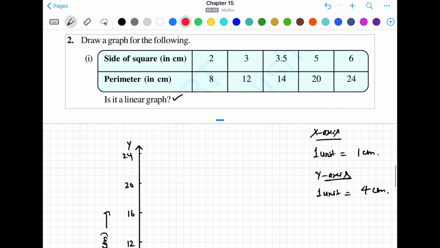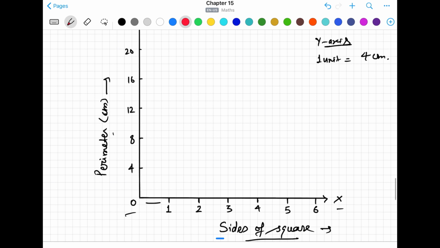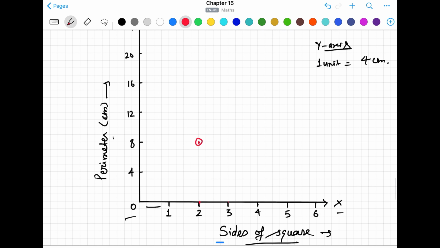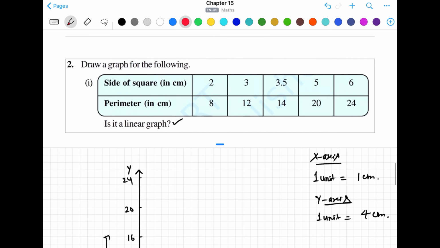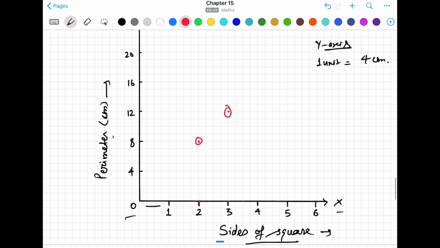Okay, let's start marking the points. When the side of the square is 2 centimeters, the perimeter is 8. When the side is 3, the perimeter is 12. When the side is 3.5, the perimeter is 14, so let's mark it in between here.